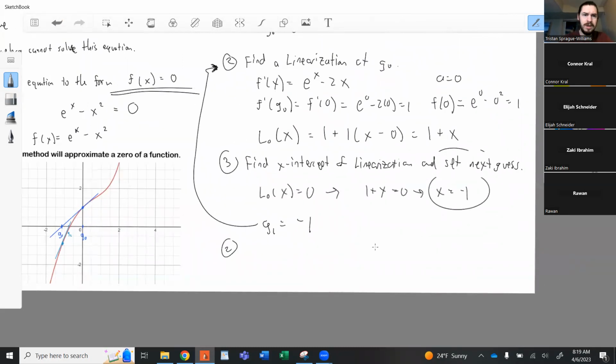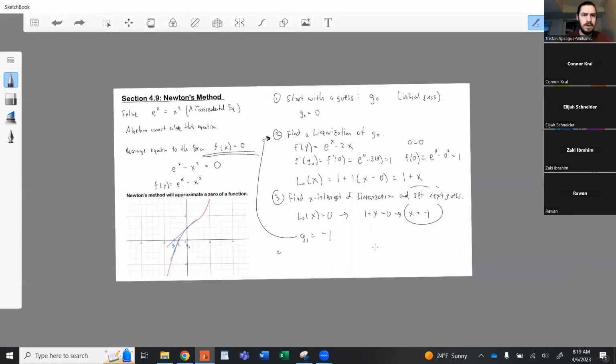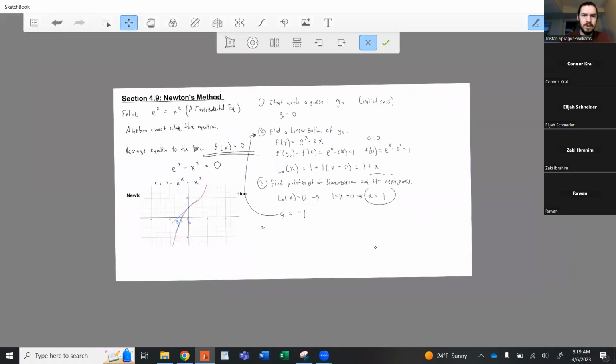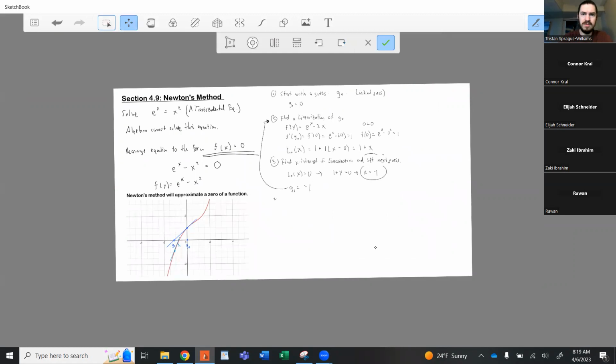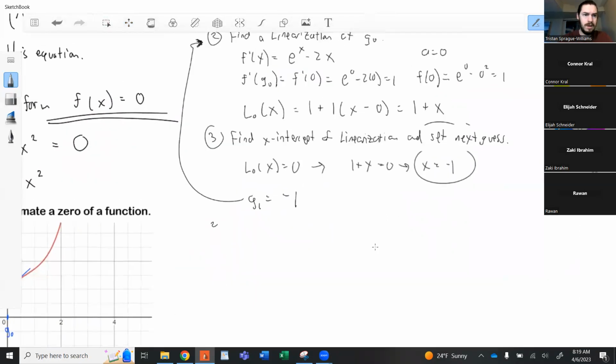Redoing number 2 here, to make everything a bit smaller. Actually, let's do it with just this side. Okay, all that a bit smaller. So going back and redoing number 2, but with the new guess value, we have to evaluate f prime of our next guess 1.